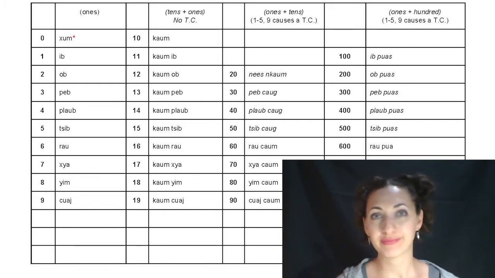Next we have, for English, the teens, right? These are a little easier. In Hmong, it's just going to be the word for 10 plus the ones, 1 or 2 or 3 or 4.